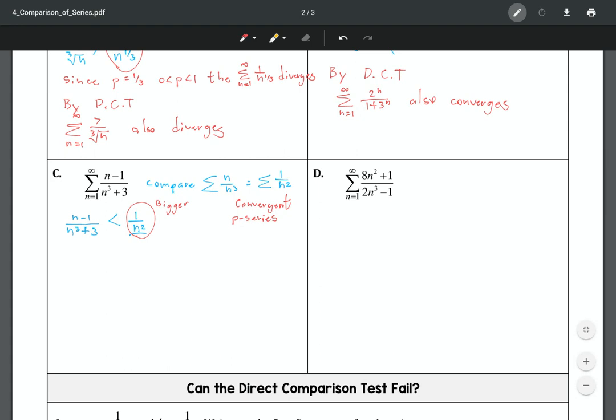For your sake, I would say P is equal to 2, and P is greater than 1, so therefore it converges, according to what I wrote earlier for you. Because that's converging, by the direct comparison test, this more complicated sum also will converge.